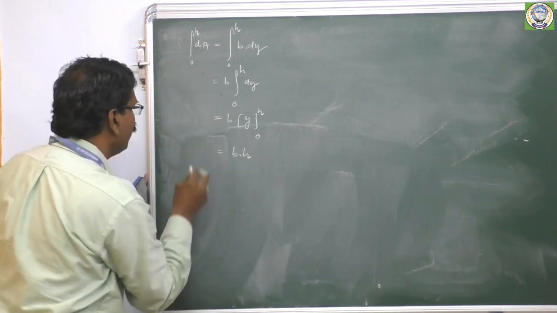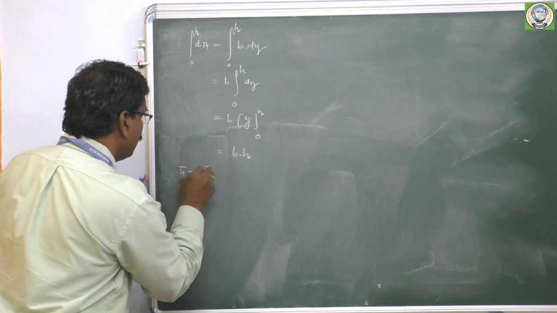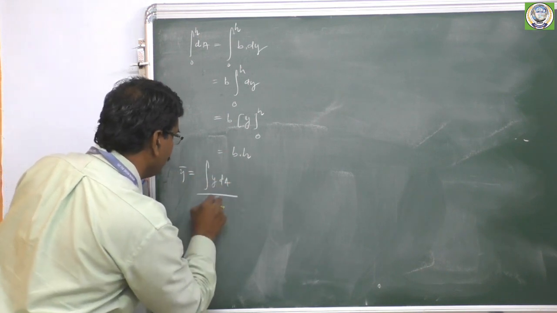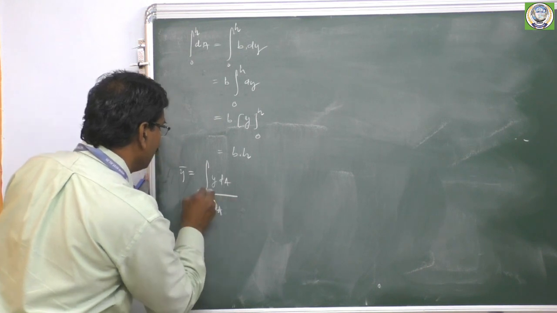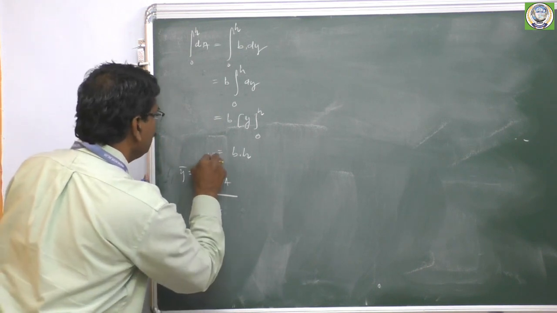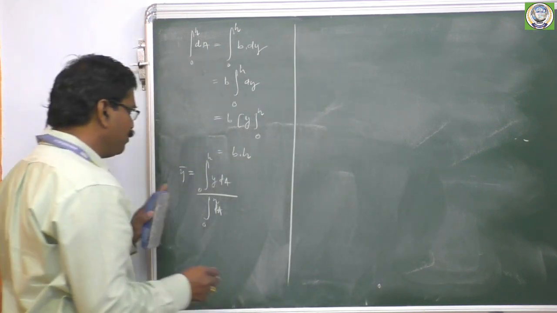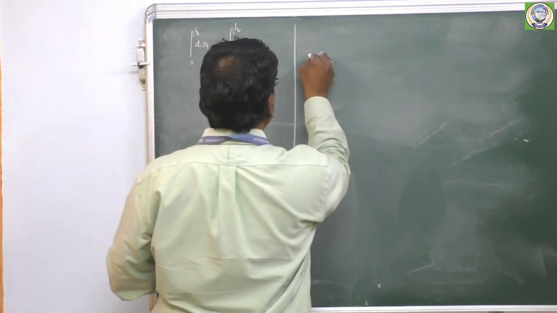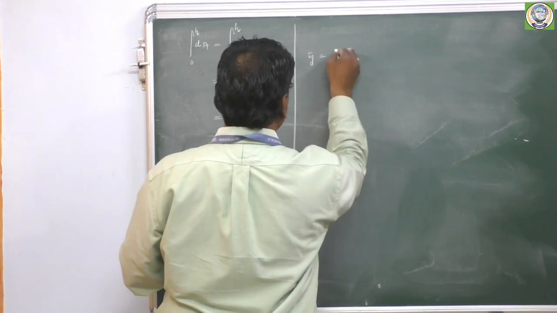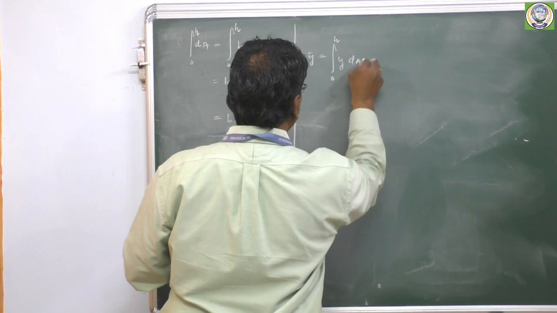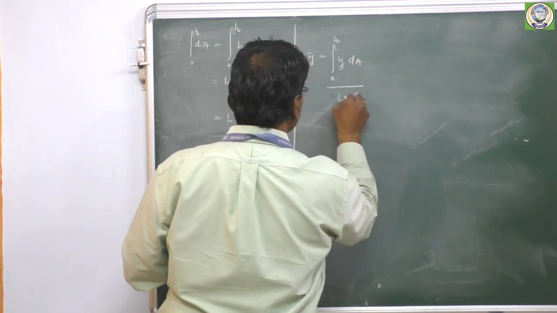Bring this particular result into the main formula. y bar is equal to integral y dA by integral dA in between the limits 0 to h. I can substitute the value of bh in the denominator portion. I will get y bar is equal to integral 0 to h y dA by bh.